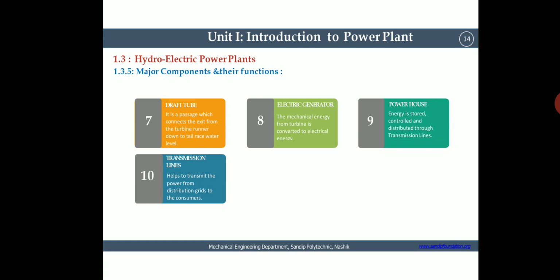Electric generator: the mechanical energy from the turbine is converted into electric energy. Ninth is the powerhouse. Energy is stored, controlled and distributed through transformer lines and transmission lines. It helps to transmit the power from distribution grids to the consumers.